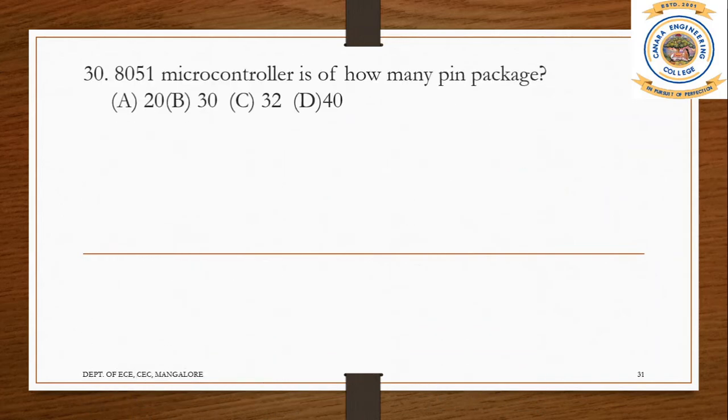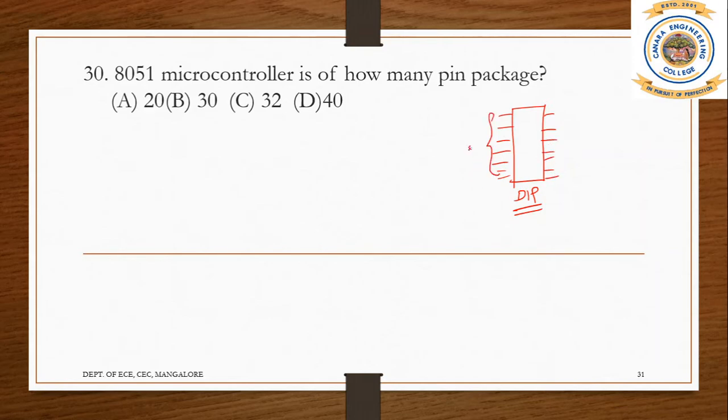So the next is a very simple question. Since you are experts in pin packages, you can easily answer this question, right? How many pins does the 8051 have? A microcontroller is basically a DIP, dual inline pin package, where you have an equal number of pins on both sides.